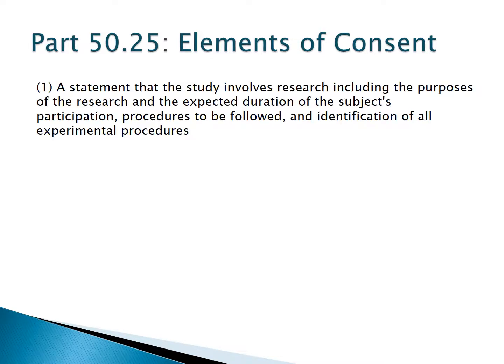You have to have a statement that the study involves research, including what is the purpose of the research, how long will that patient participate in the research, what kind of procedures will be involved, and what are the experimental procedures. Sometimes it gets confusing if you have a disease between what is medical care and what is clinical research care. So these things have to be all outlined.